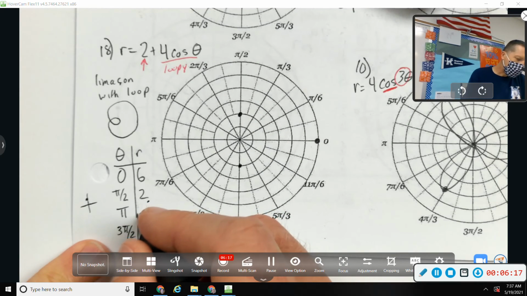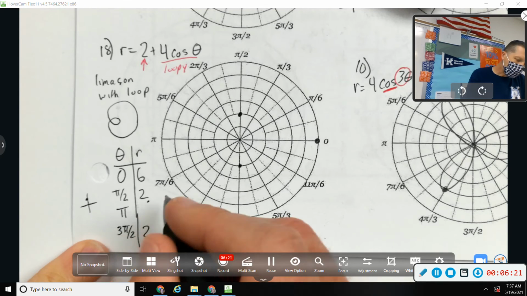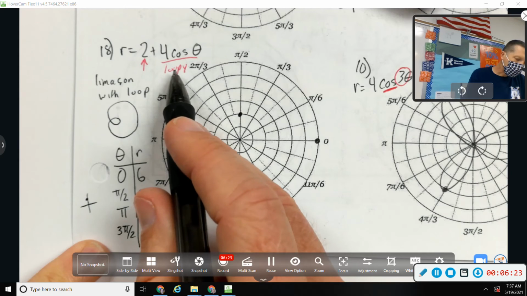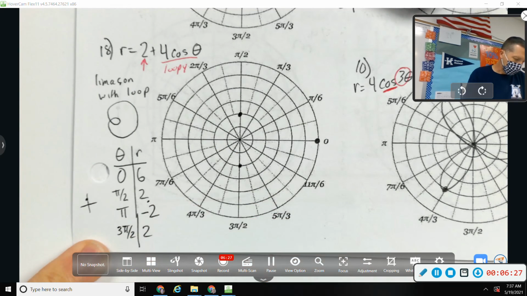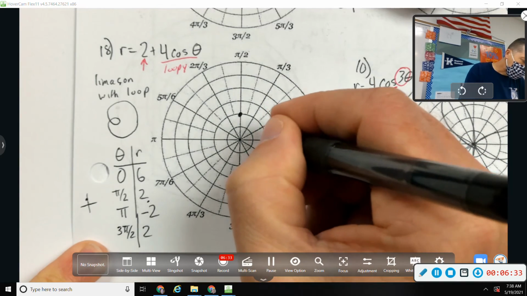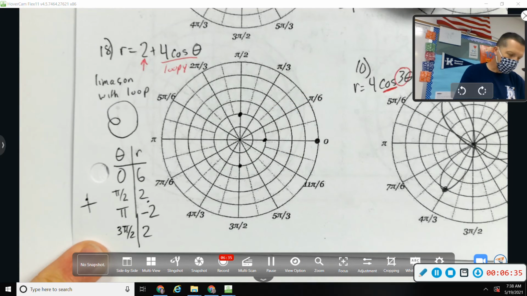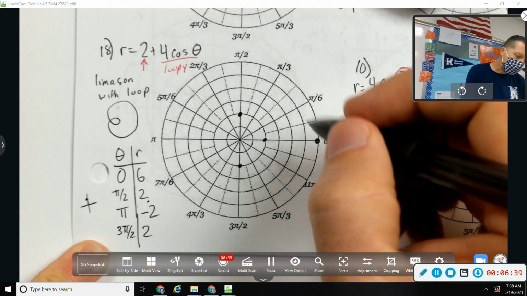At pi, let's see, at pi we would go, cosine of pi is -1. 2 minus 4 is -2. So we would graph it right there. And now we can play connect the dots.